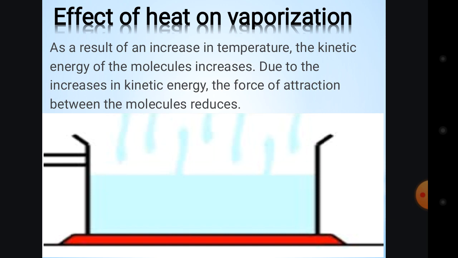So this is the effect of heat on vaporization. If you look at this diagram below, you will see that the molecules are trying to escape. It is due to the effect of heat on them. So this is the effect of heat on vaporization.